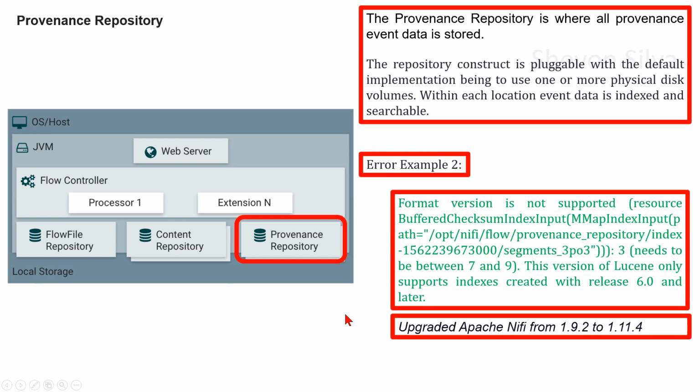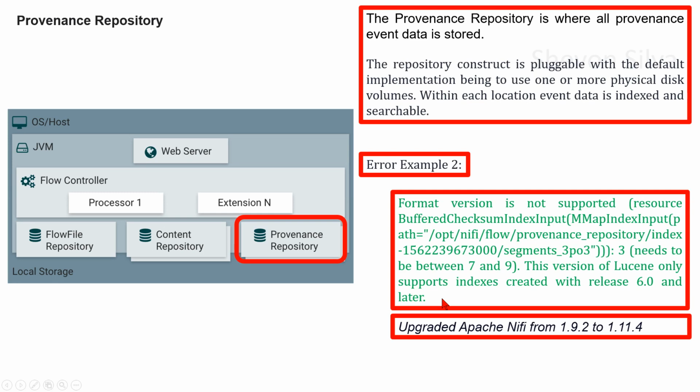As an example, we can consider this error. The format version is not supported. Resource buffered checksum index input. 3 needs to be between 7 and 9.